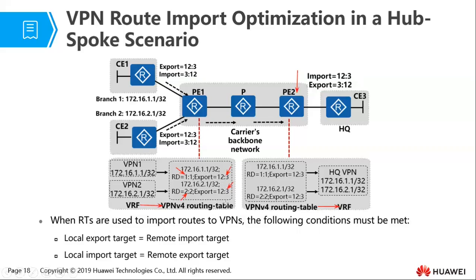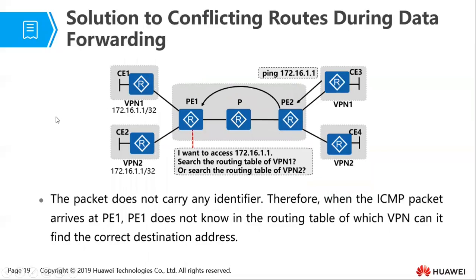So when we specify the export target, when they reach here, they can be imported from the VPN v4 routing table into the VRF. So we use route target for VPN routing table to VRF. We use RD for VRF to VPN v4 routing table. It can take time to understand some of this concept, but I'm sure with a second read, you can understand it better.